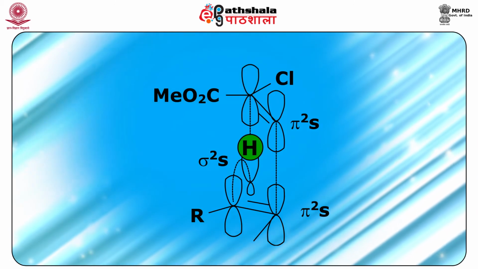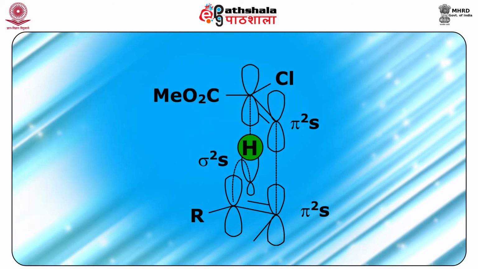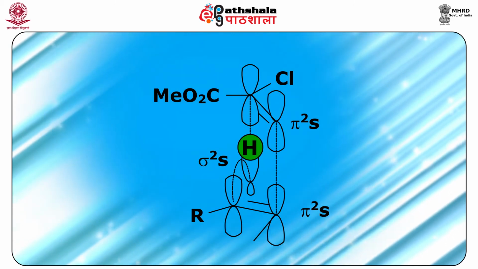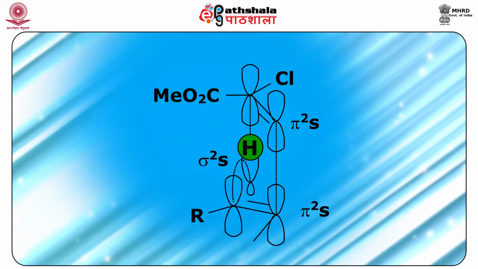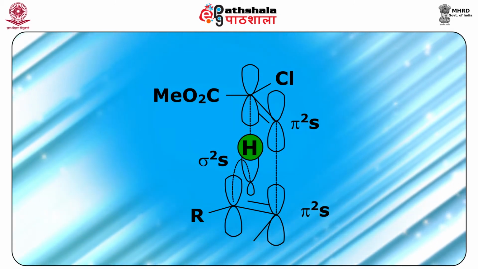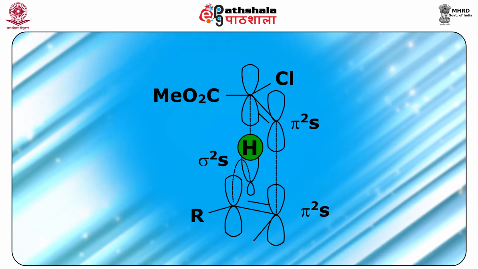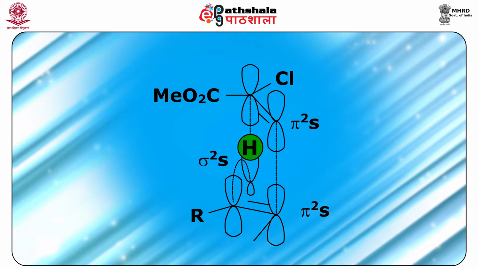As you can see in the orbital picture, which shows an all suprafacial overlap for product formation. An ene reaction, which is drawn as sigma 2s plus pi 2s plus pi 2s, can also be seen below.